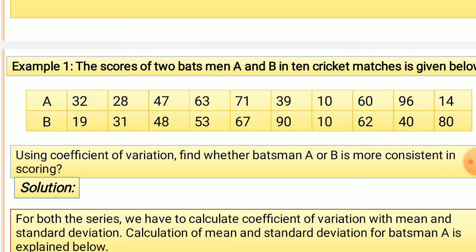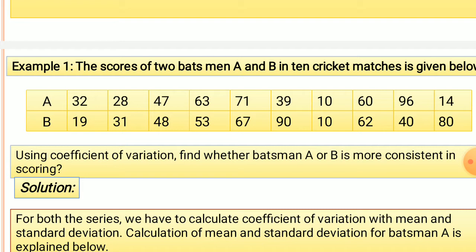Here the scores of two batsmen A and B in 10 cricket matches are given below. Using the coefficient of variation, find which batsman, A or B, is more consistent in scoring.